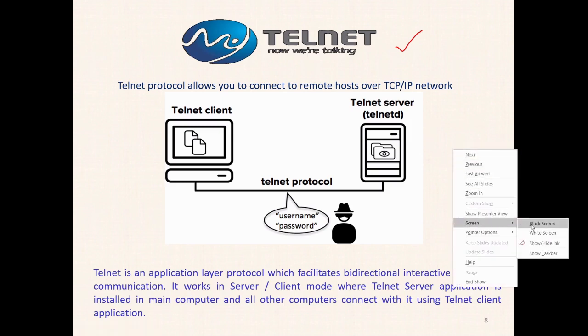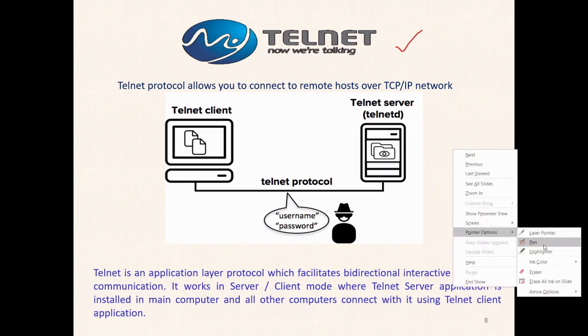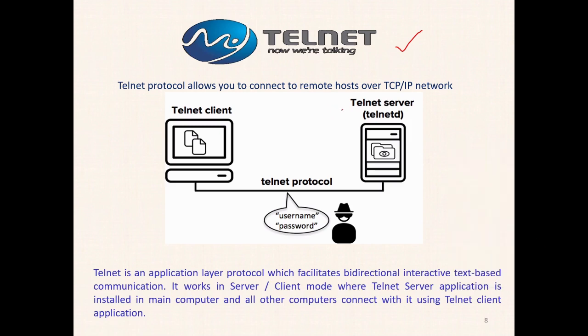When you install this software, we will be able to communicate with the server machine. Without installing this, it is not possible. It allows connecting to a remote host over TCP/IP networks, so we can use these telnet server applications.